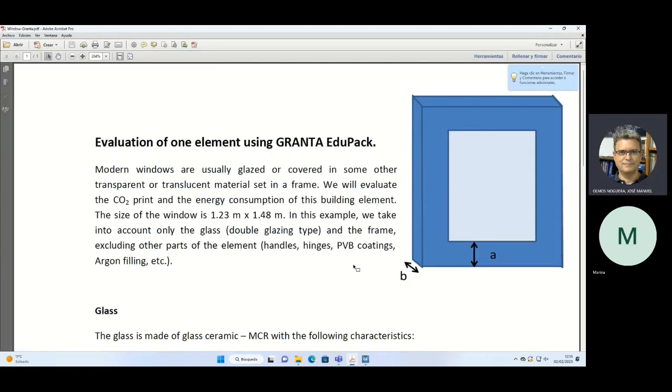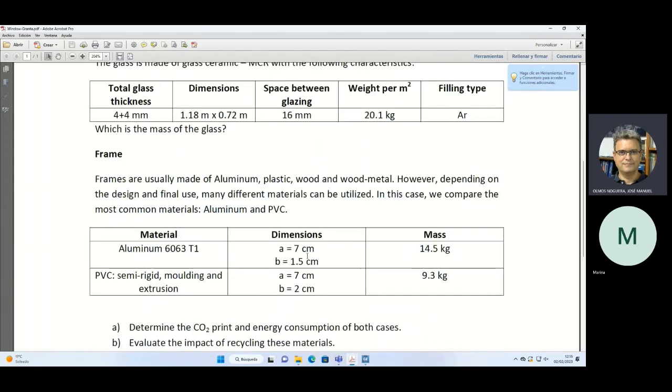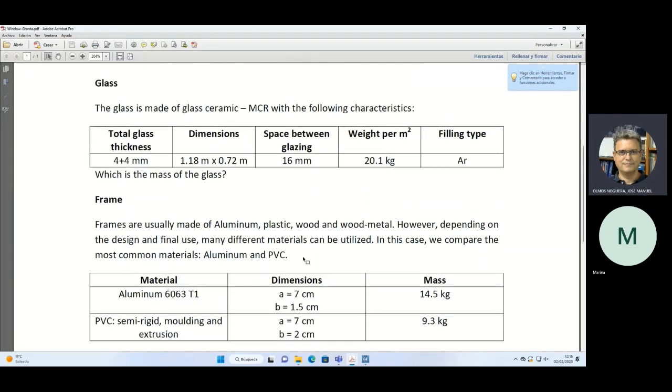So let's see our case. We have a glass and we have a frame. We are going to discuss two different frames. So the glass, these are the data for the glass. It's a total glass thickness 4+4 millimeters, dimensions 1.20 meters by 0.72, space between glasses 16, weight per square meter 20.1 kilograms, and it's filled with argon that we are not going to take into account in the assessment.